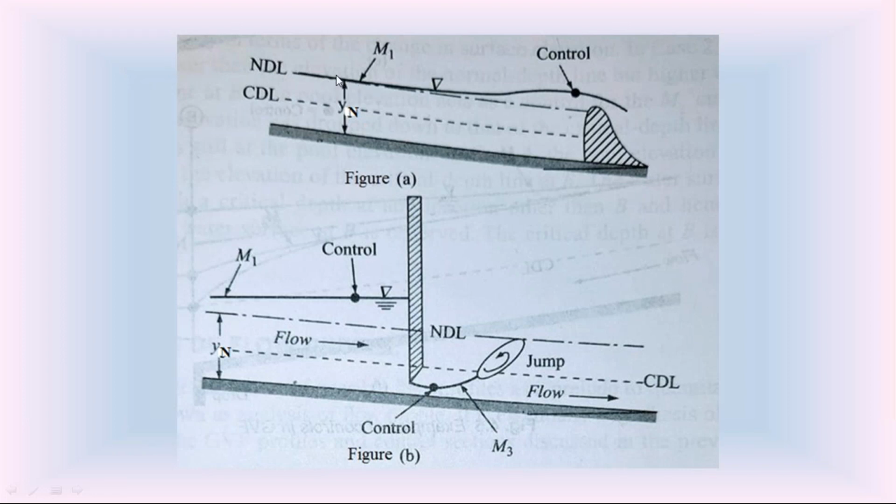We must know this length carefully. Because of this backwater curve, some villages and some areas on the backside are subjected to submergence. They are submerged because of this backwater curve.